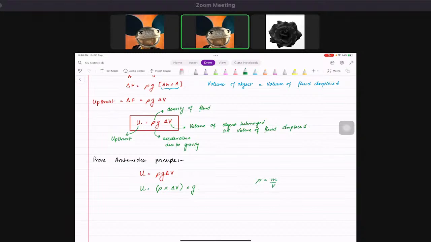So the mass of the fluid will become equal to density times the volume of fluid. Can I say that? So basically I can replace this mass right here. That would make upthrust be mass times gravity, which is basically the weight. mg is the weight of fluid displaced, and that's what Archimedes has suggested. Understood?